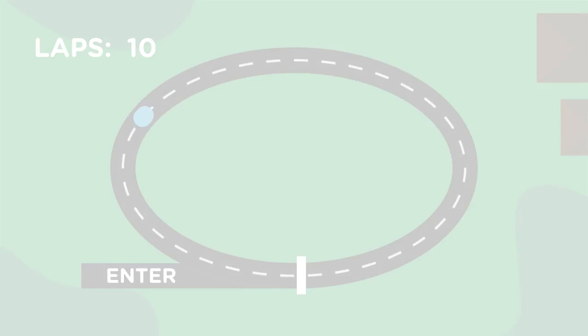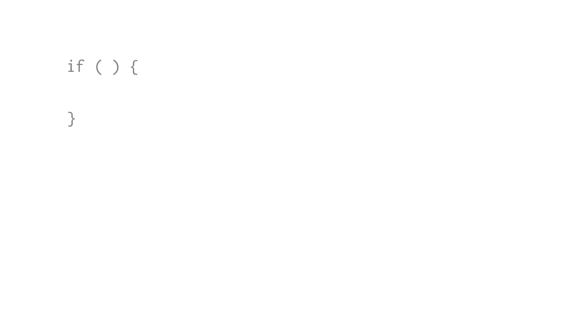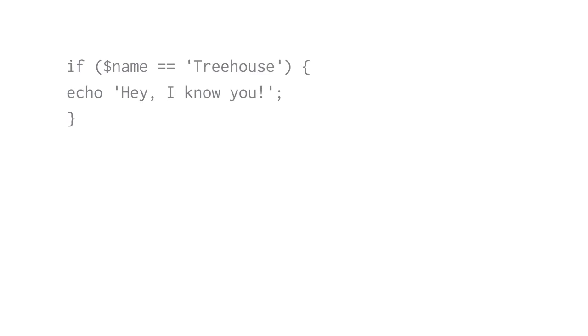Remember conditional statements? A conditional statement runs a block of code if a particular condition is true. A basic conditional statement looks like this, and inside the parentheses goes a condition. If the condition is true, then the code inside the block runs. In this example, if the value inside the variable name is the string treehouse, a message displays.